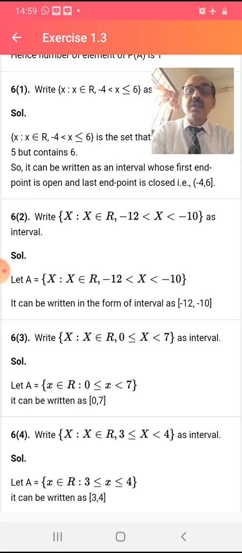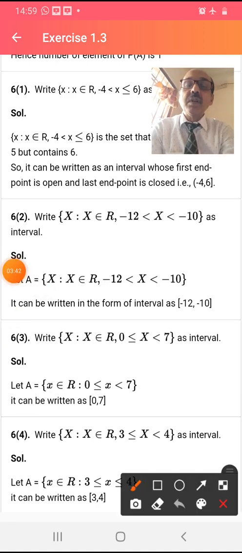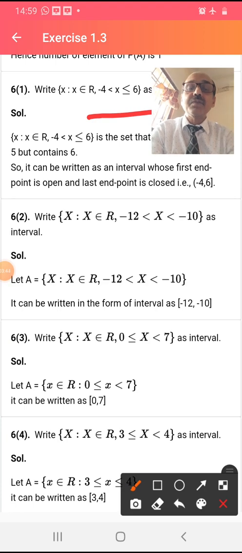Now, the first question is x belongs to R and minus 4 less than x less than or equal to 6. These are the intervals. Minus 4 less than x, so less than, the equal sign is not there. And less than or equal to 6.